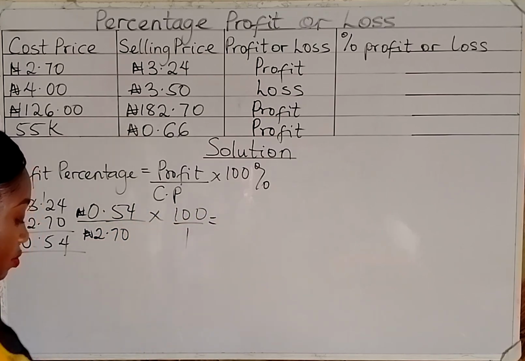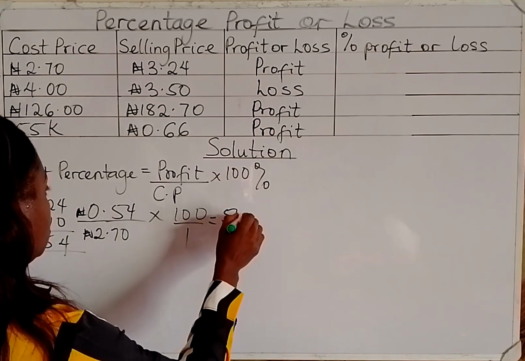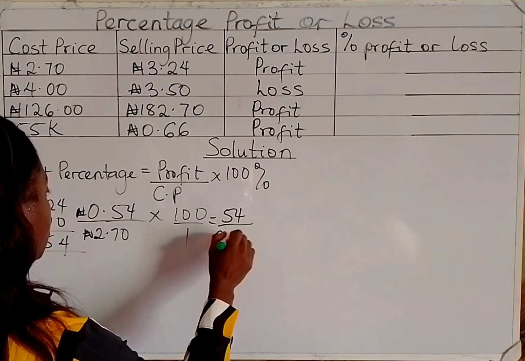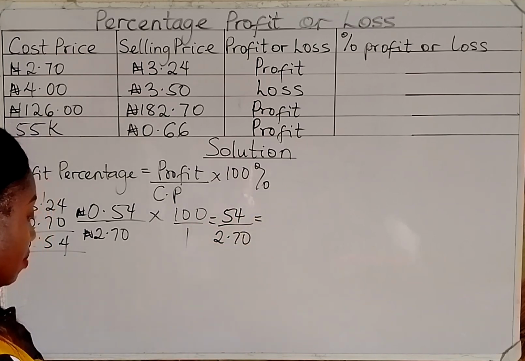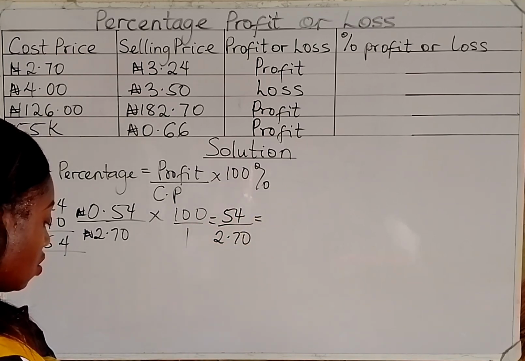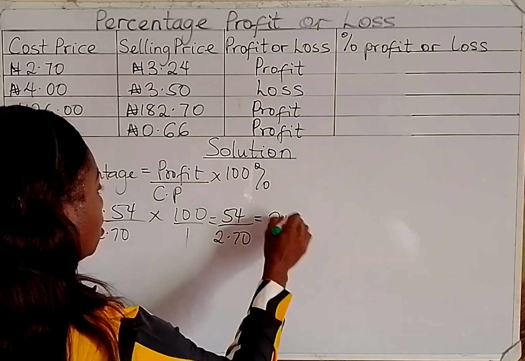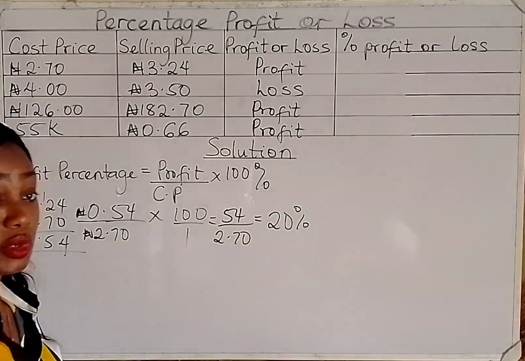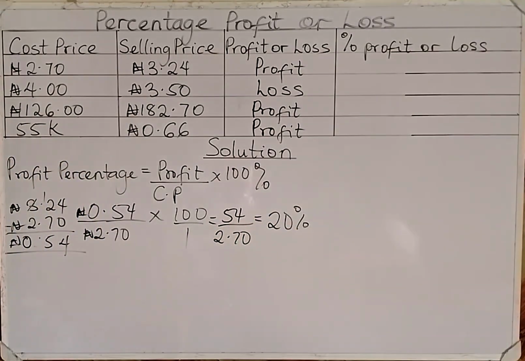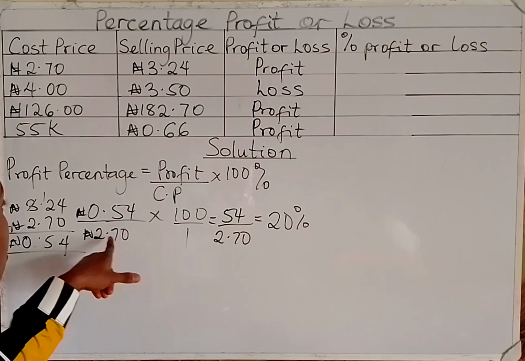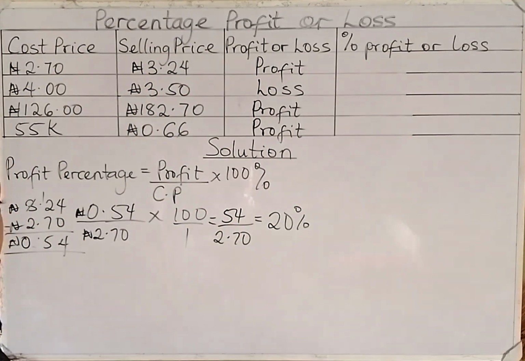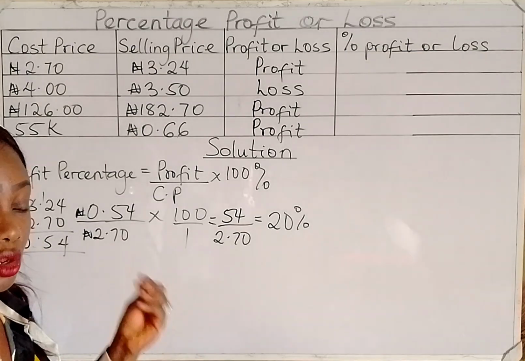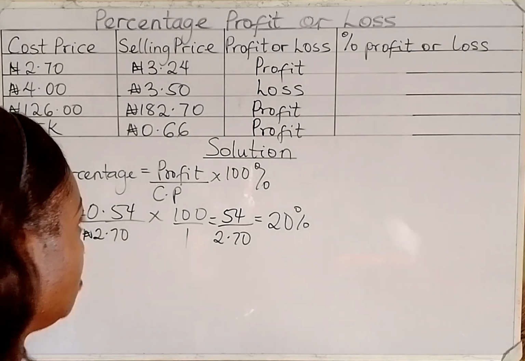So this becomes 54 over 2.70. 54 divided by 2.7 equals 20, and this becomes 20%. So the profit percentage of this first one is 20%.